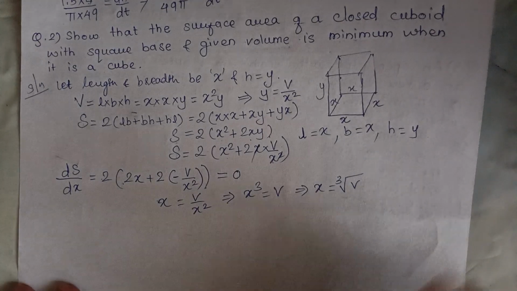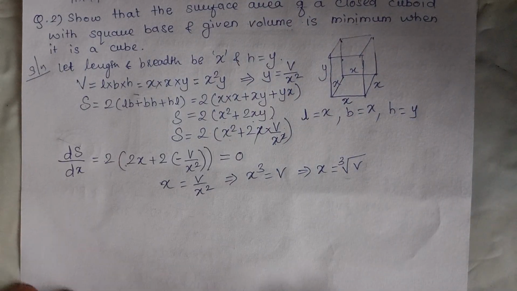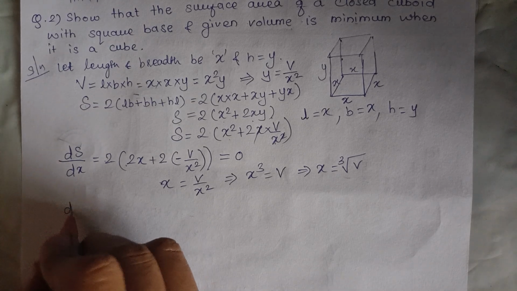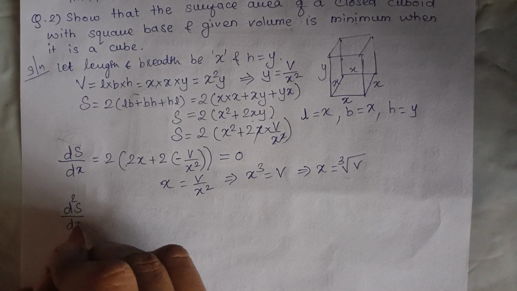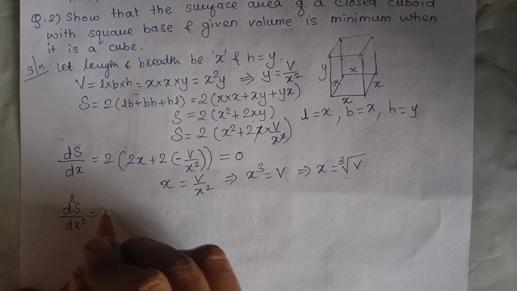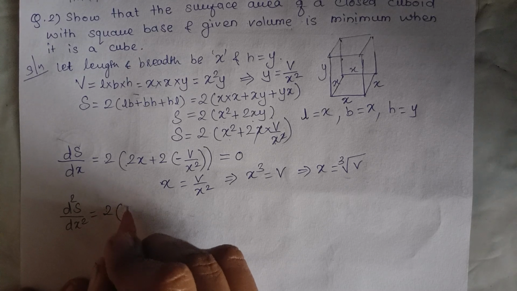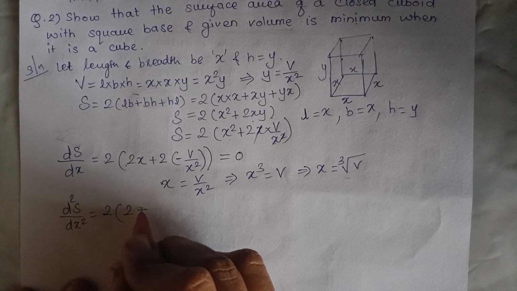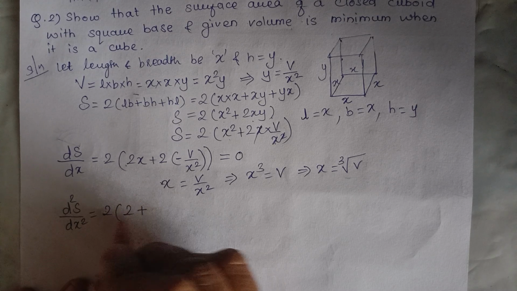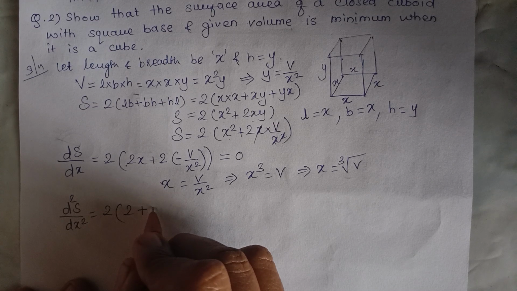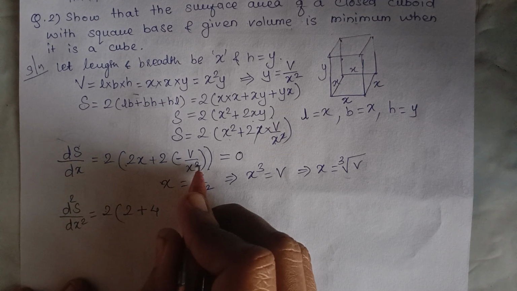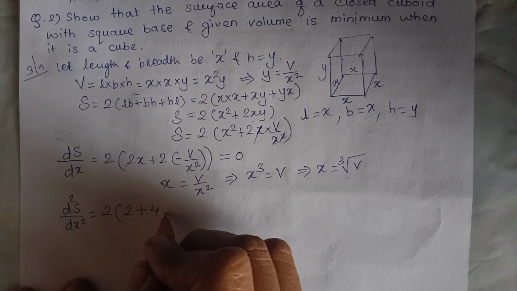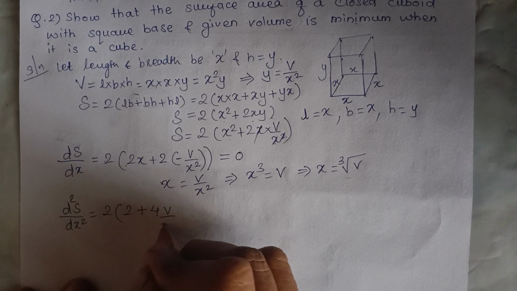Okay. Now differentiating this again. So this will be 2 times 2, minus into minus plus, so 4 minus 2 into 2V upon x cube.